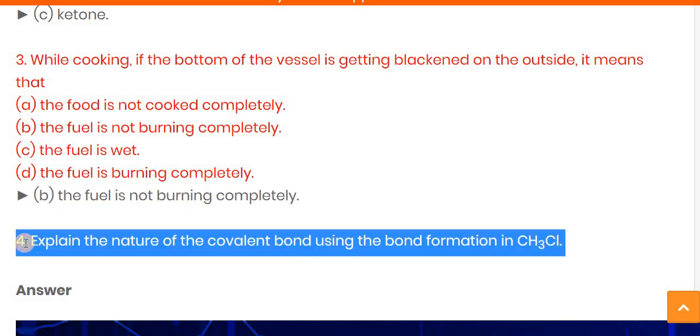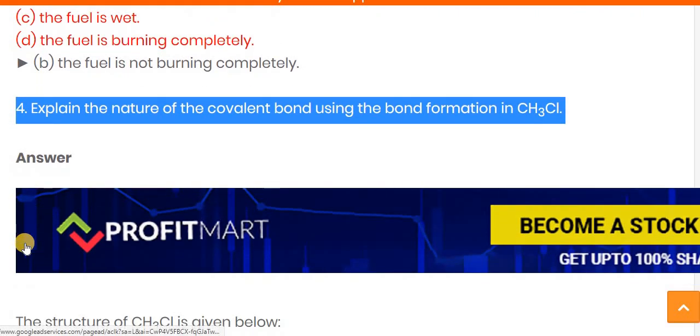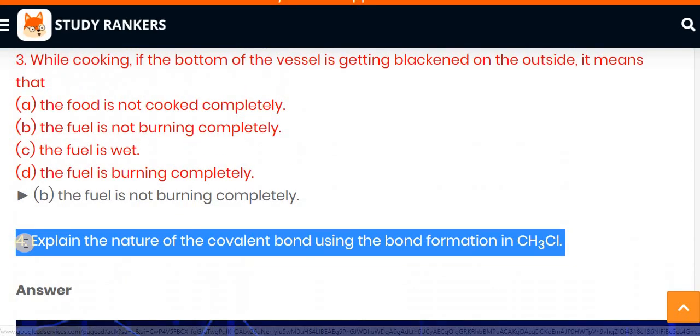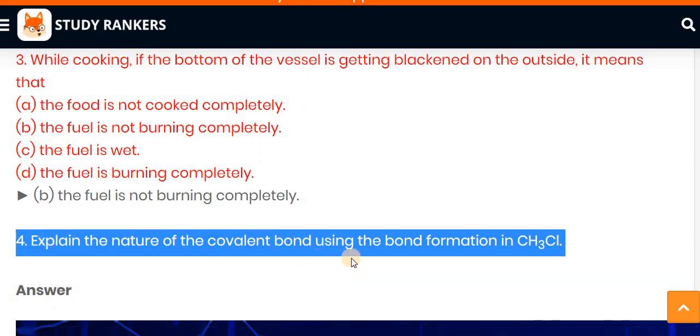Now let's move further. Question number 4: explain the nature of covalent bond using the bond formation in CH3Cl. Here we have to explain the nature of the covalent bond by using this formula. CH3Cl means chloromethane.